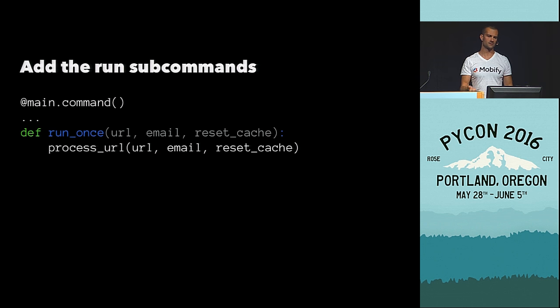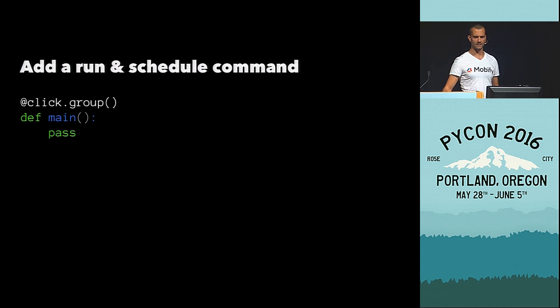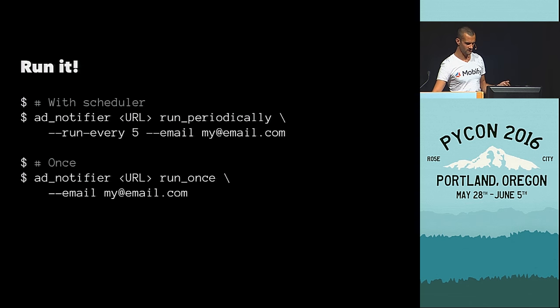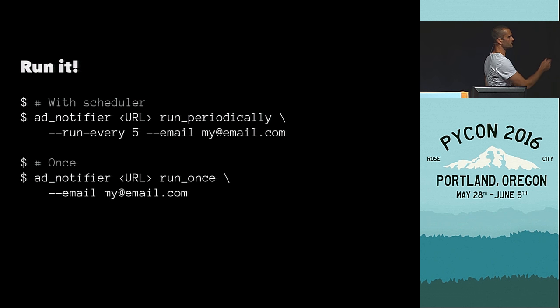We call that run once in our case, and then we use, instead of click.command, we use main.command, the group that we used in the previous slide, and create that first level of nesting. So this is now a subcommand, and as you saw here, the way we would call that is we pass in the URL as the first argument and then specify either run once or run periodically as our two commands.